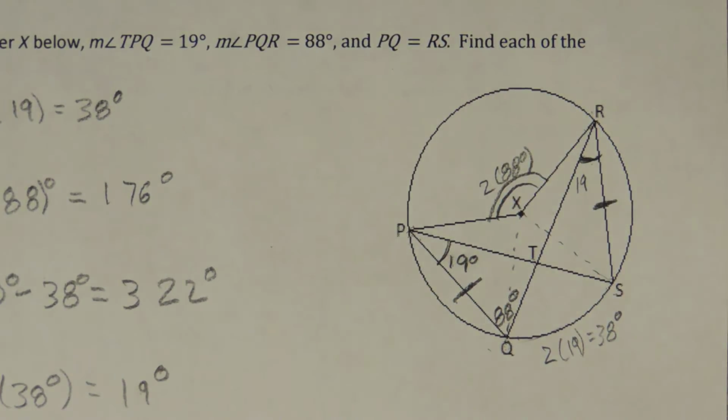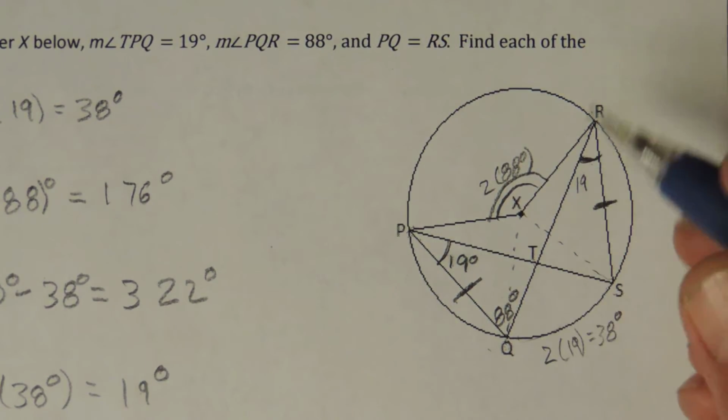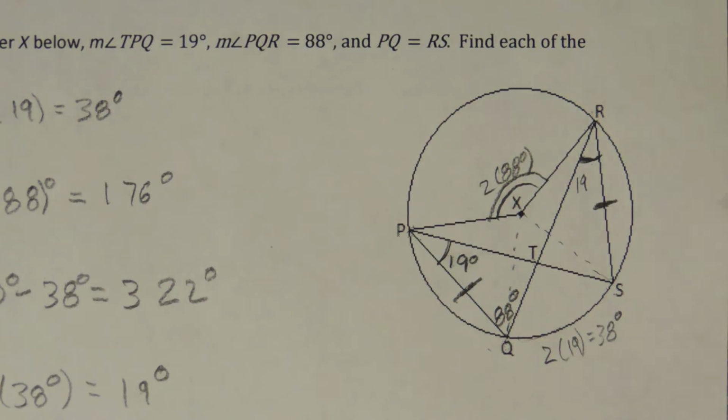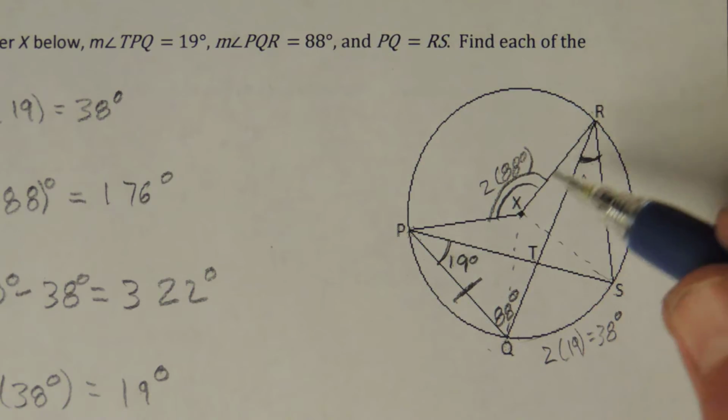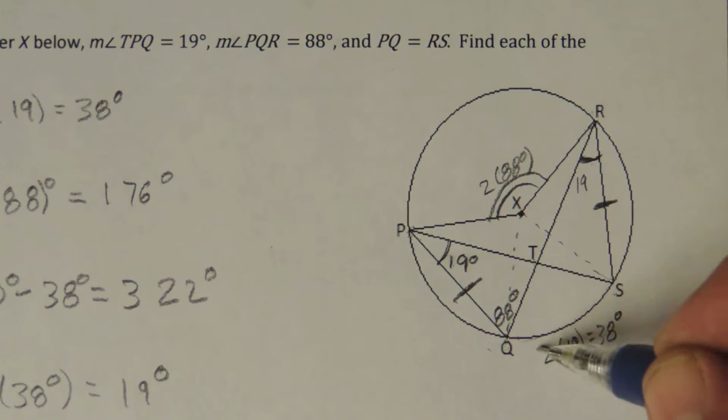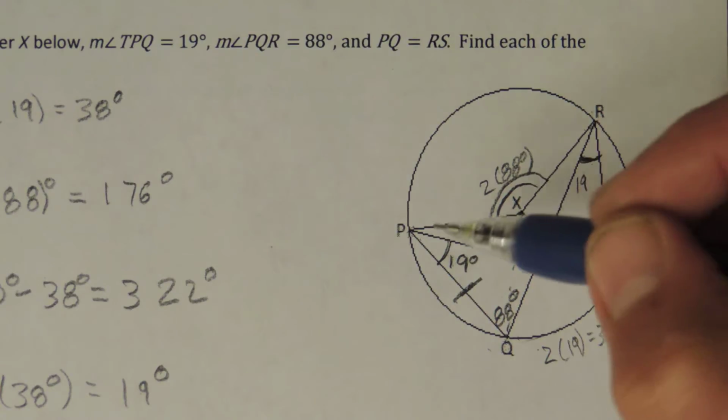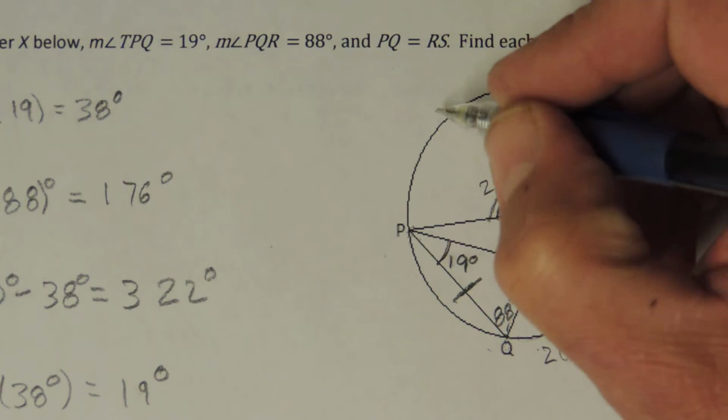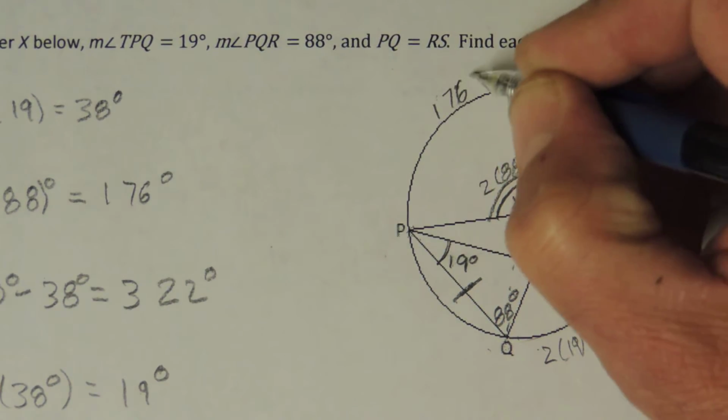I don't have an inscribed angle, so I don't have any information on that really. All I do have is an arc here, and I found the arc PR was 176 degrees.